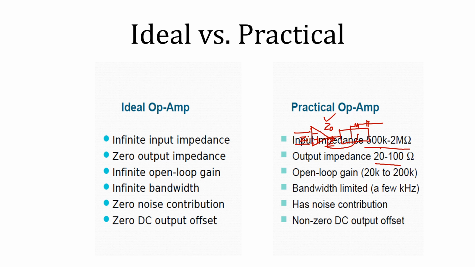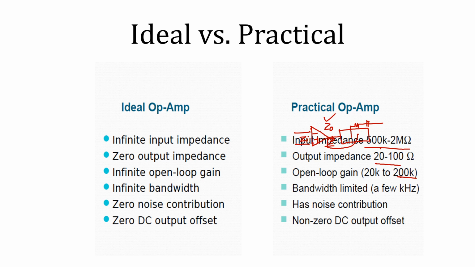If there is some component consuming some current and voltage, it has to have some resistance. So it could be low, even lower than 20 ohm sometimes. Infinite open loop gain, yes, we can increase the gain up to 2 into 10 raised to power 6 or 5. Bandwidth is limited.